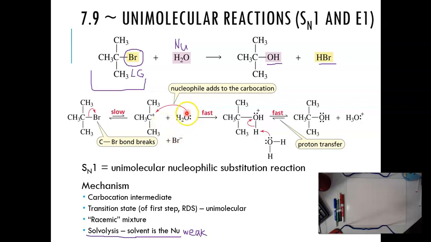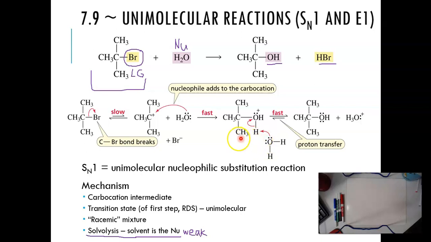And then in the second step, we're doing a nucleophilic attack on our carbocation. Now, because our nucleophile is neutral, when it bonds to that carbon, it's now positively charged. So the extra step that's needed here is a proton transfer. Now, we will need this the majority of the time, but it's not going to be something that we need every single time.